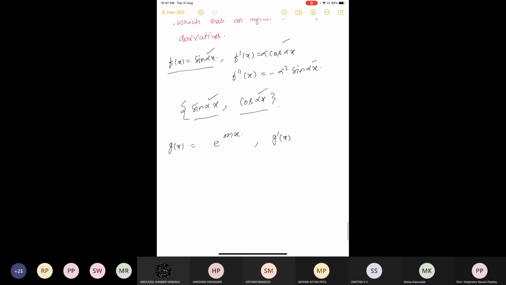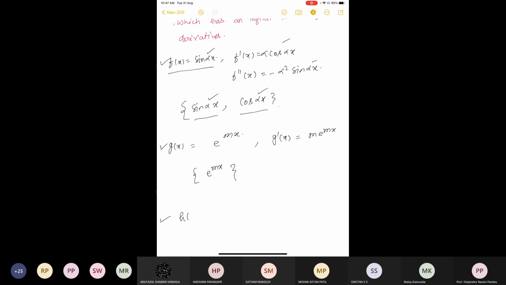If we look at g(x) equal to e to power mx, then g dash x will be m e to power mx, which is linearly dependent on this. So I can find only this function e to power mx as the linearly independent set from its derivatives, and it is finite, right? So this method is applicable to this.